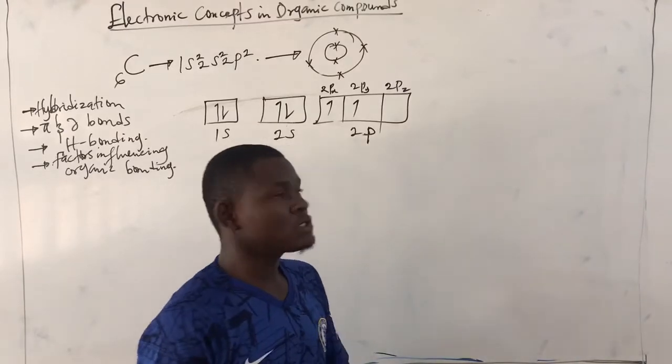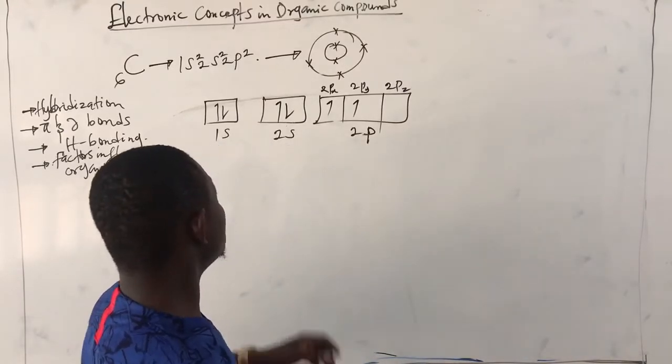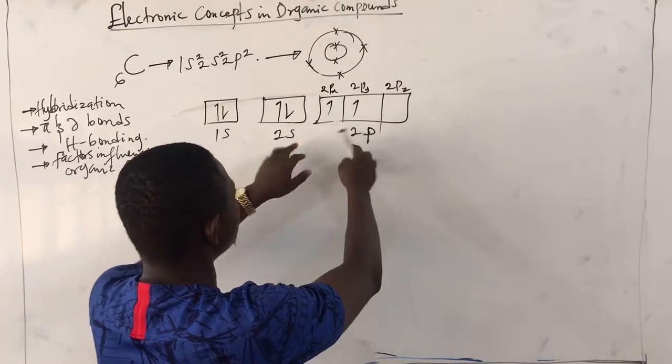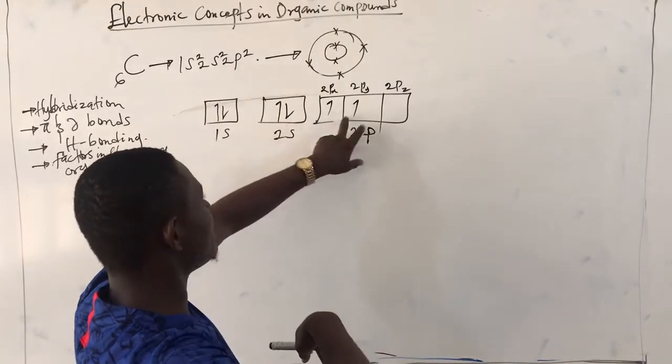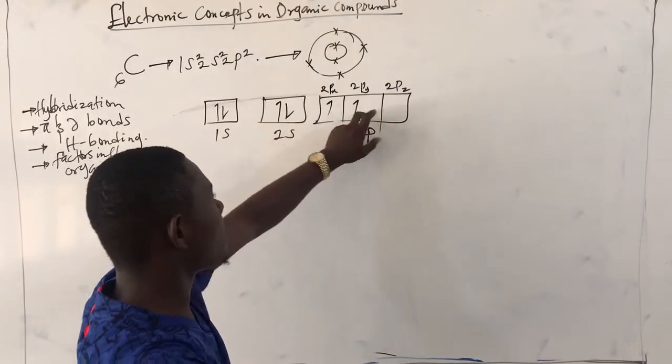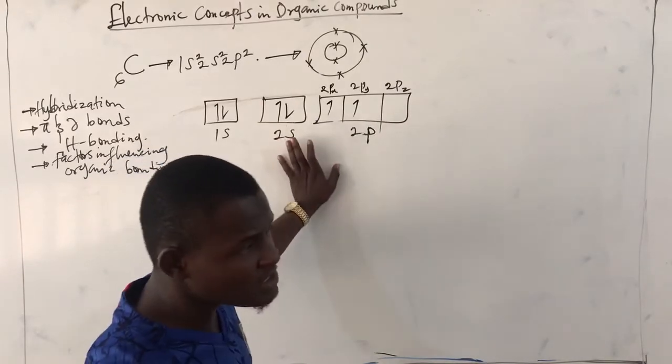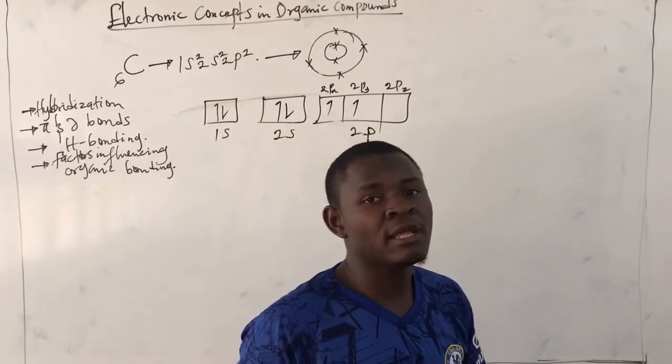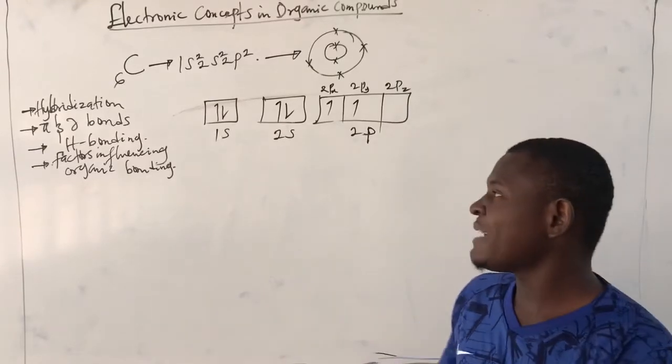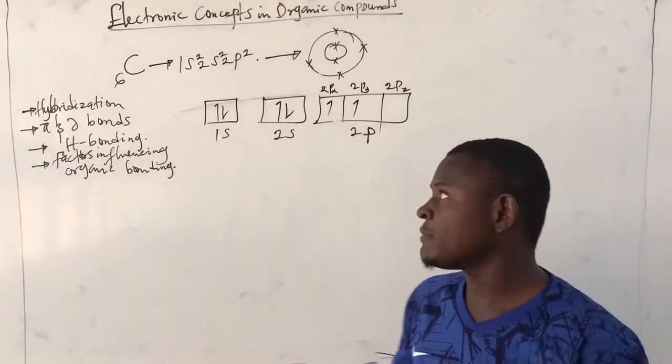Now for carbon to successfully bond, like I have said before, these 2 orbitals have to mix, because these orbitals contain its outermost electrons, which are 4. So 1, 2, 3, 4. Now, the mixing of these different orbitals to produce entirely new orbitals with the same energy and the same size is called hybridization.